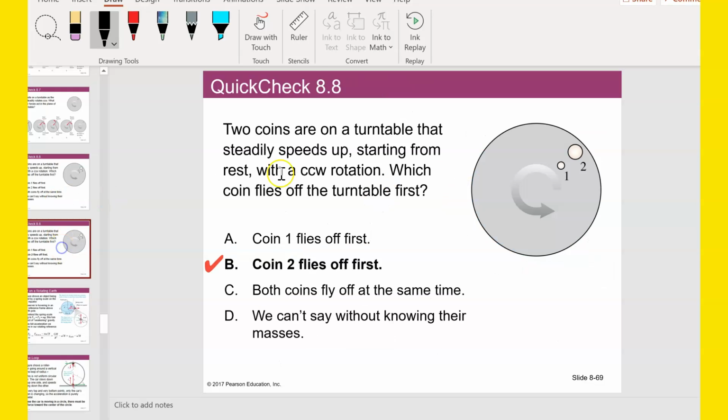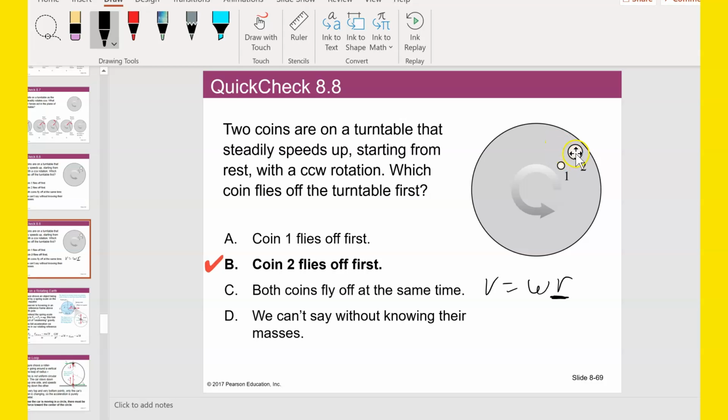Like this guy, his omega, his angular velocity, the angular velocity of these two guys is the same, because at 90 degrees, they're both the same place. At 180, they're both 180, so they have the same omega. But their tangential velocity is not the same because v is equal to omega r. So the bigger r is, the bigger v will be.